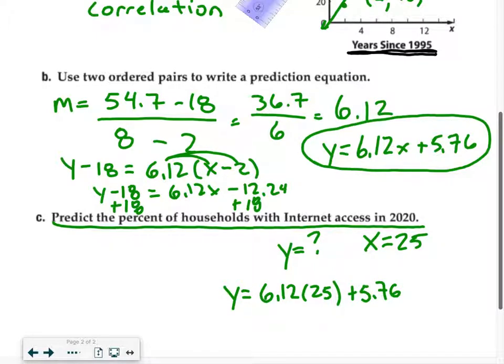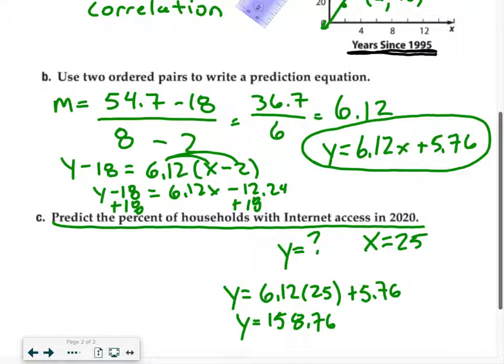So 6.12 times 25 plus 5.76, and y would be equal to 158.76.